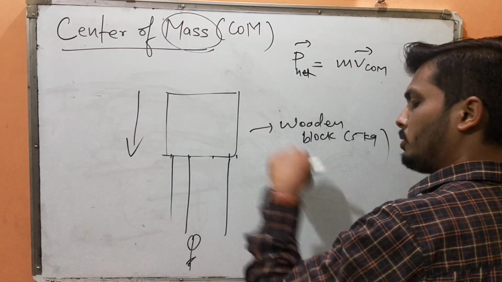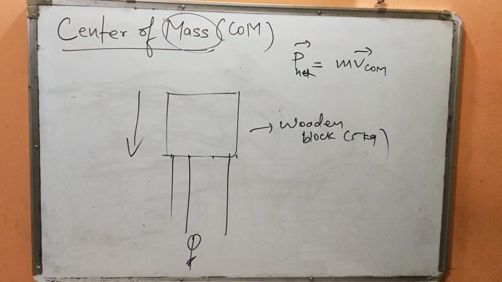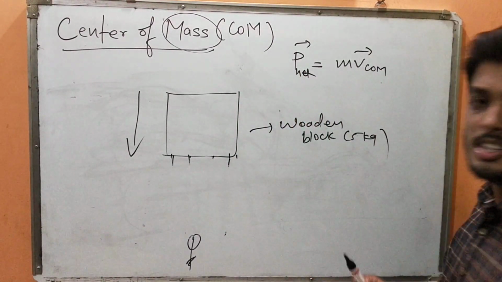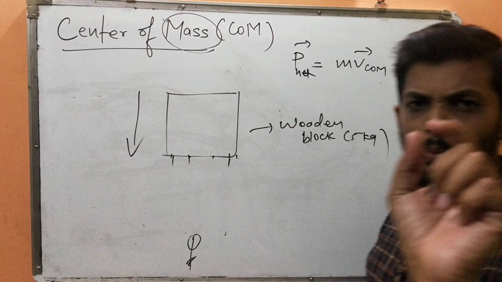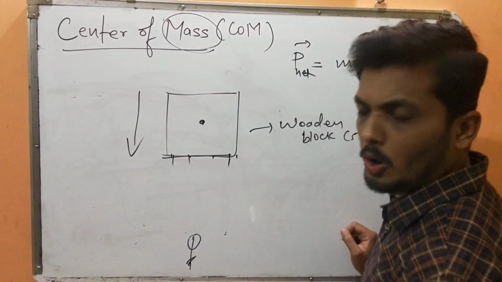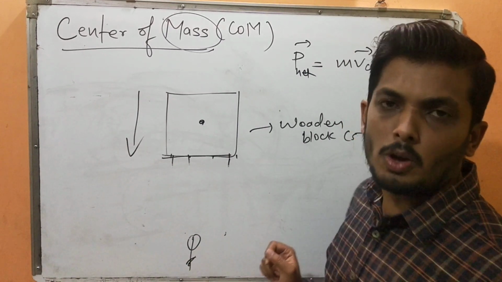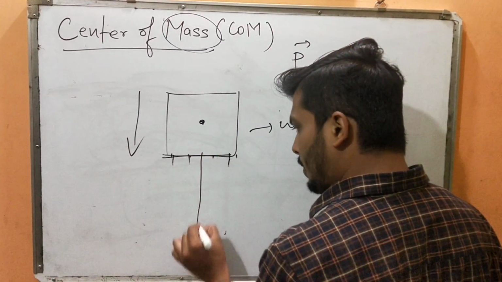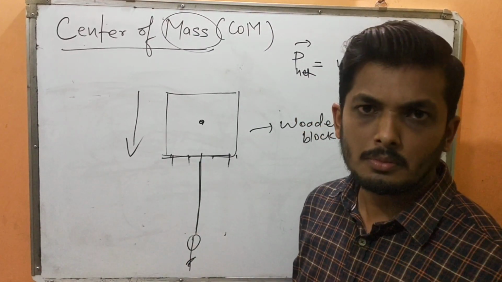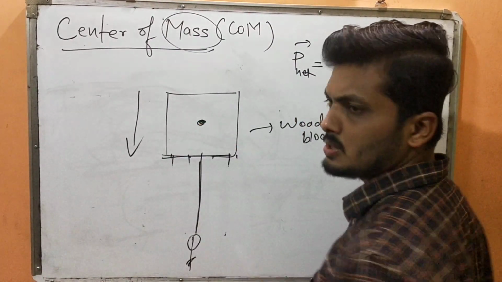If you hold this, it will fall this side. Every time it falls. But on that wooden block, there is one point where the entire mass of that wooden block is assumed to be concentrated, and somehow if you are lucky enough and you hold that point perfectly, trust me, that wooden block will not fall back on your head. So that is center of mass.